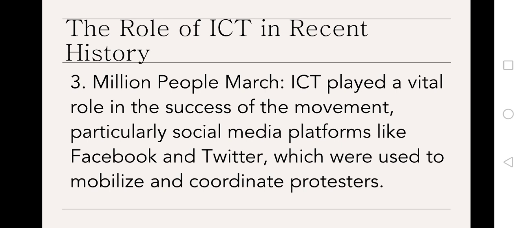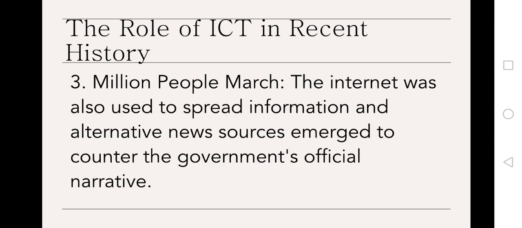So this is when Facebook, Twitter, Instagram, and so on were already being used. The internet was also used to spread information, and alternative news sources emerged to counter or retract what the narrative from the government was saying. So yun po yung naging purpose ng ICT.